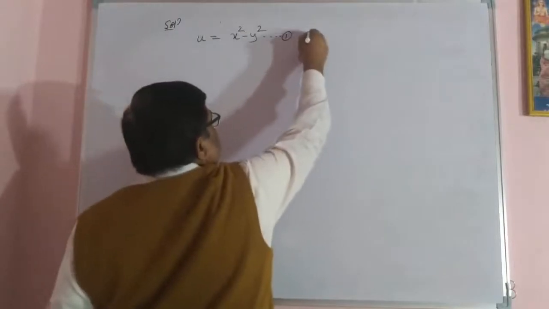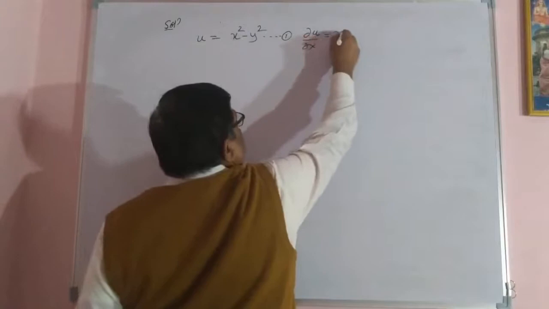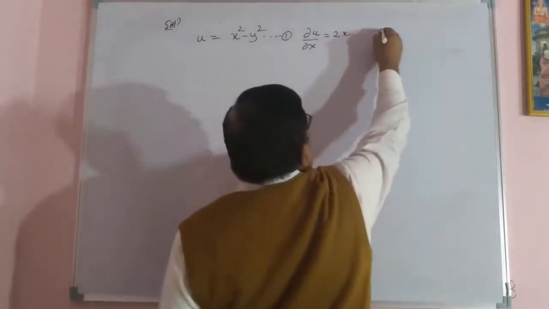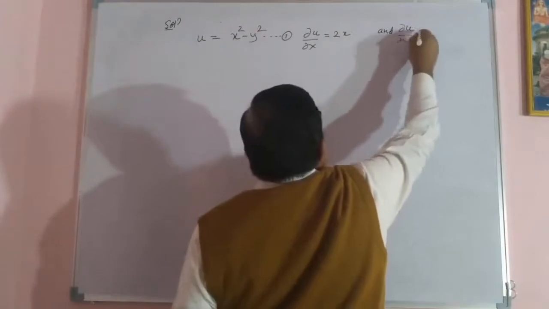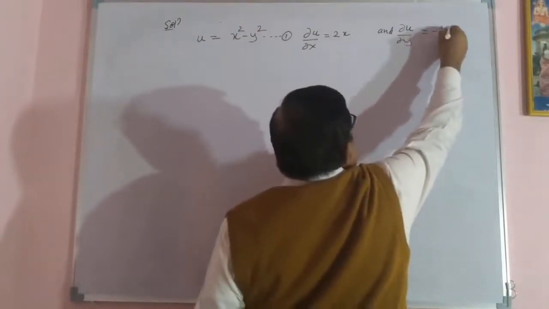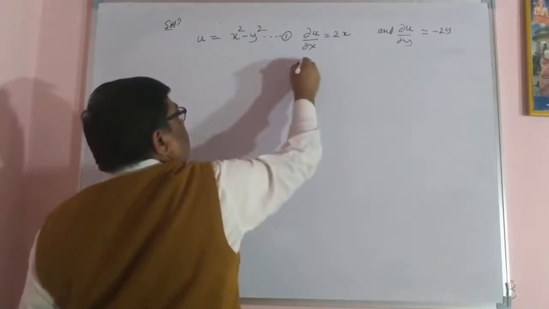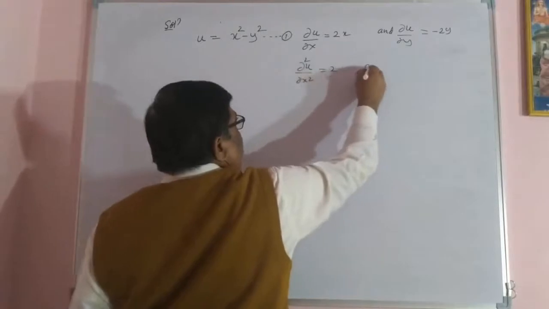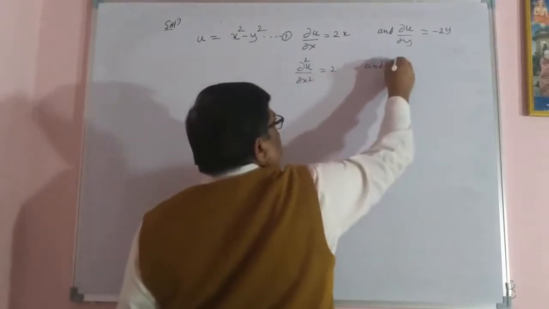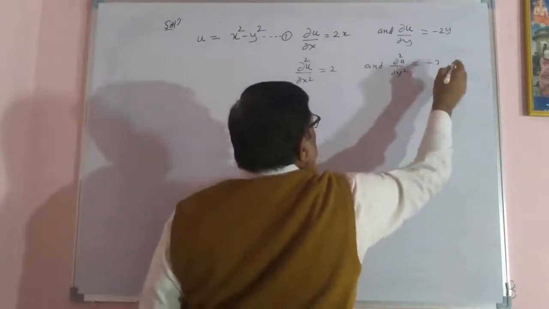Differentiate partially with respect to x: ∂u/∂x equals 2x, and partially with respect to y, ∂u/∂y equals minus 2y. Again differentiate with respect to x: ∂²u/∂x² equals 2, and ∂²u/∂y² equals minus 2.